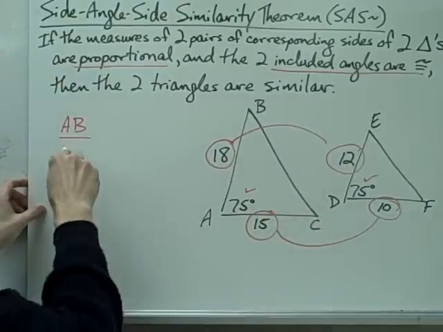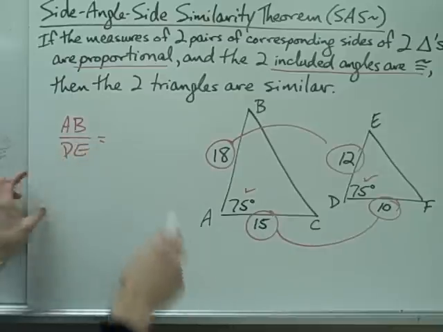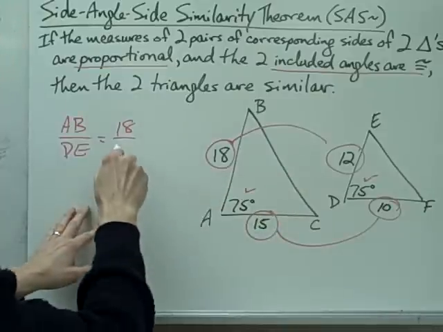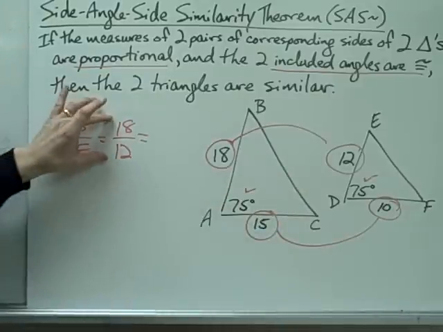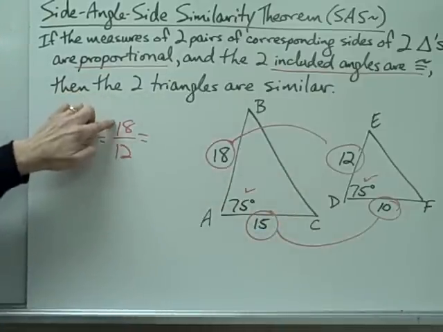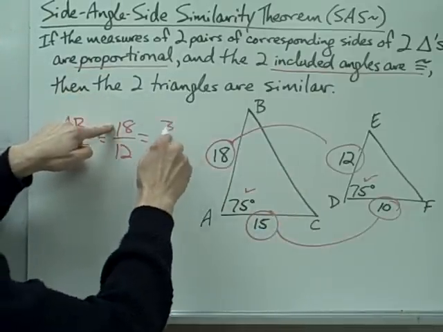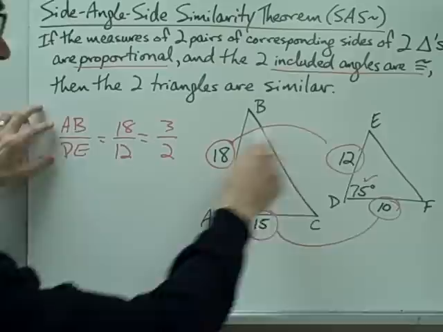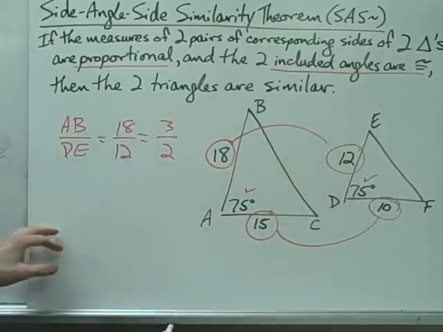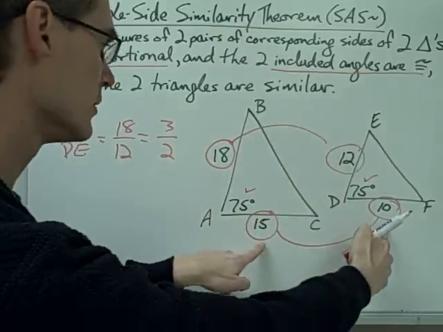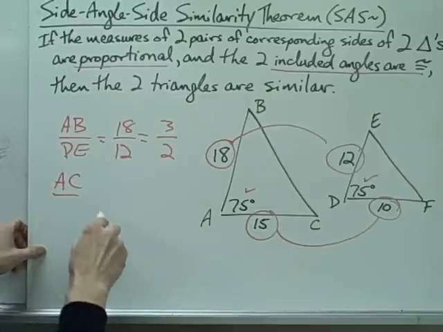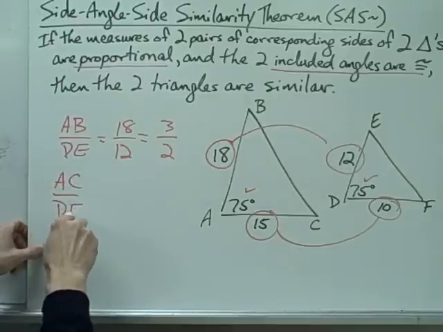So let's see. Let me start with AB to DE. So AB to DE is 18 to 12. And I can reduce that if I divide top and bottom by 6. 18 divided by 6 is 3. 12 divided by 6 is 2. Okay, so this ratio, AB to DE, is 3 over 2. So let me see if that's going to equal this ratio, AC to DF.